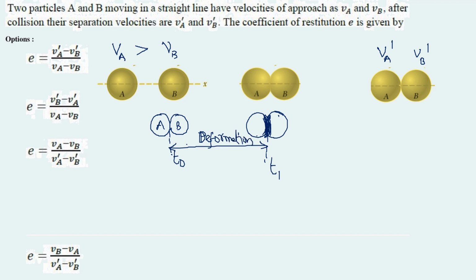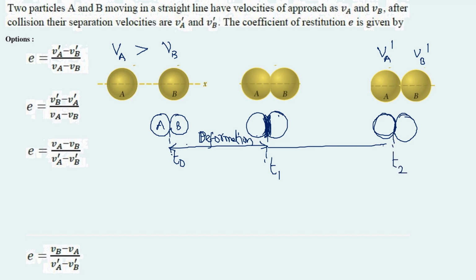After attaining maximum deformation or maximum area of contact, these two bodies slowly tend to move away from each other. During this phenomenon, the area of contact gradually reduces, and they are just about to separate. The area of contact gradually reduces over the time period, and when they are about to separate, let's assume the time is t2.